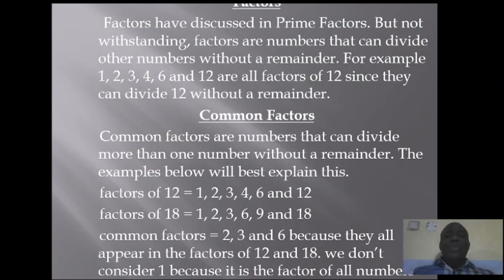Then if you look at all these factors listed above, you find out that 2 appears in the factors of 12 and 18. 3 appears in the factors of 12 and 18. And 6 appears in the factors of 12 and 18. We didn't list 1 because we already know that 1 is a factor of any number.